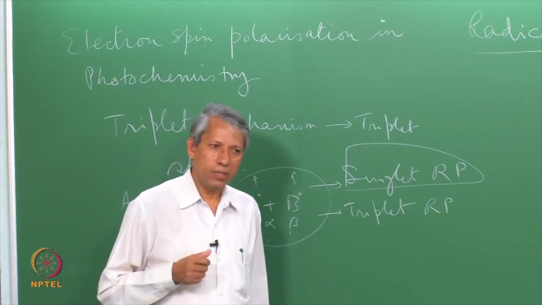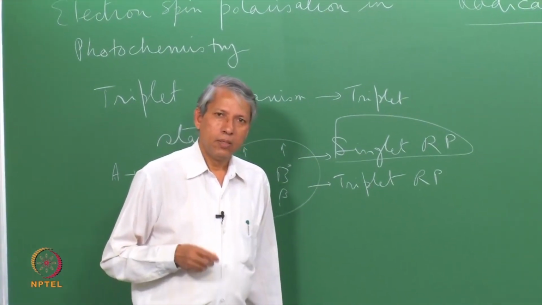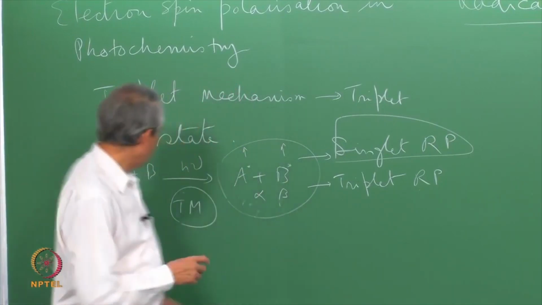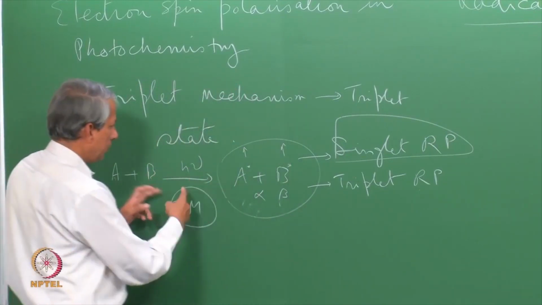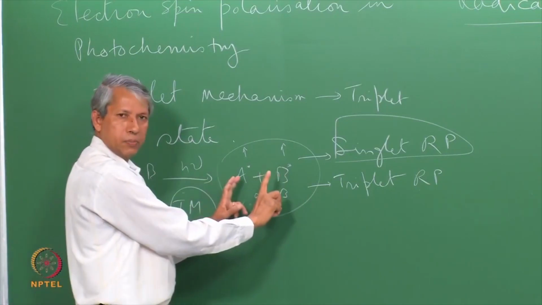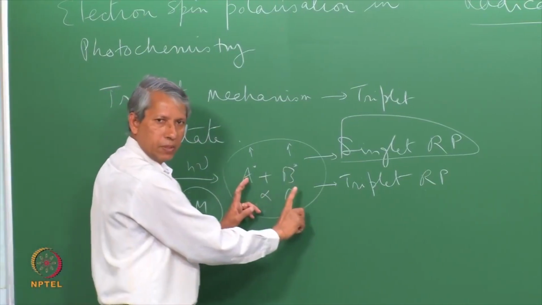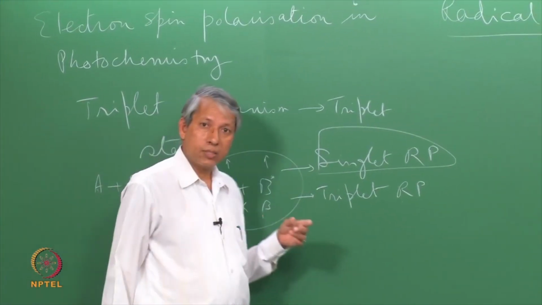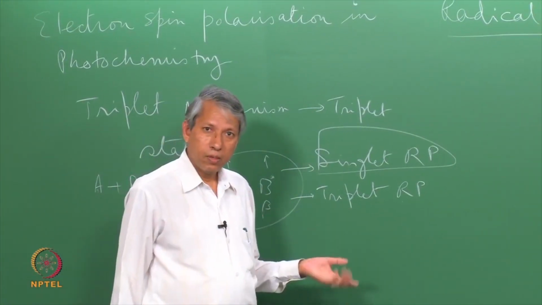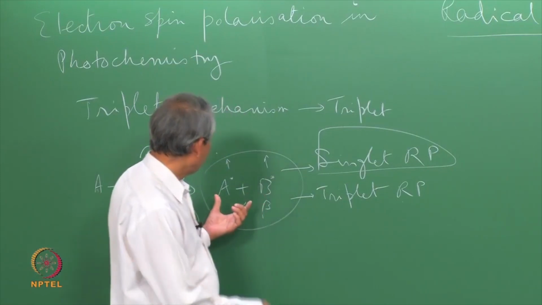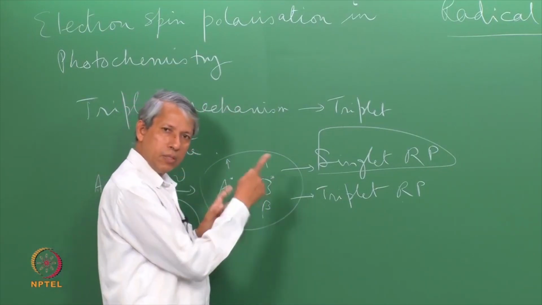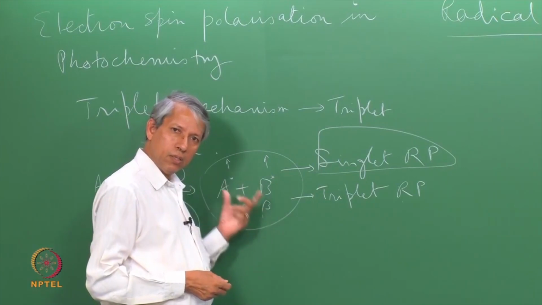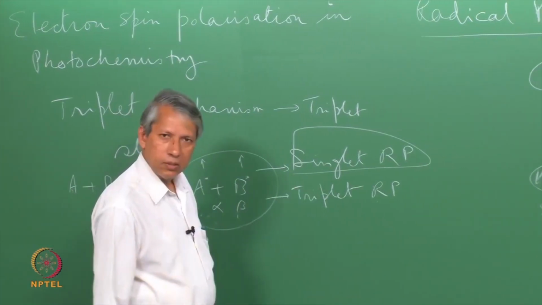On the other hand, if the reaction took place in the triplet state, then at the time of the creation both the radicals have got parallel spin. So, the radical pair is of triplet nature, then this sort of interconversion will convert them to a singlet state and they will disappear. So, whatever surviving probability these two radicals have, they will be seen in the EPR spectrometer and I can get a spectrum.